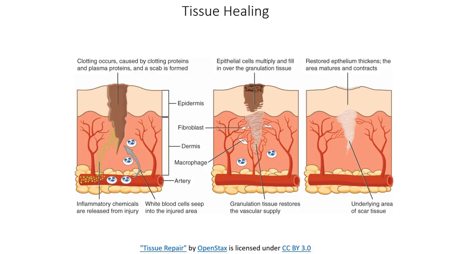And then also in response to that injury, we are going to have certain types of cells called mast cells that are going to start releasing a vasodilator, a chemical that causes that widening of the blood vessels, called histamine. These also function as part of our allergic reaction response.